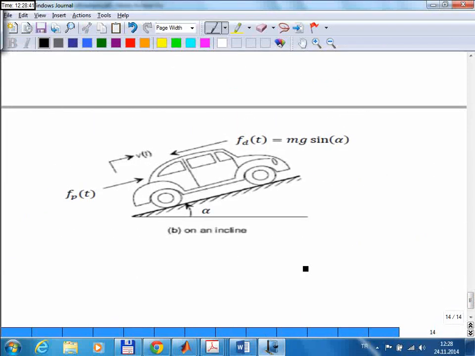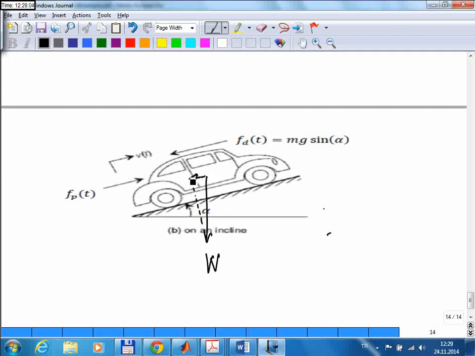Okay, so in this case, there's going to be a component of the weight of the car trying to slow it down, right? So normally we had the weight of the car like that, let me call this W. But in this case, a part of that force is acting in the axis of our motion, right? So we're going perpendicular to the road or parallel to the road.